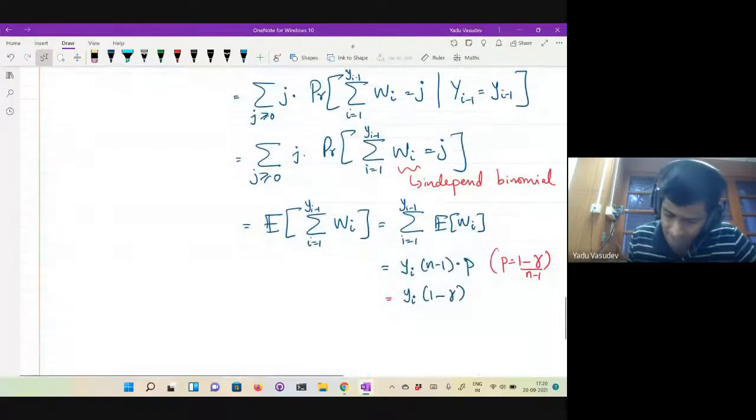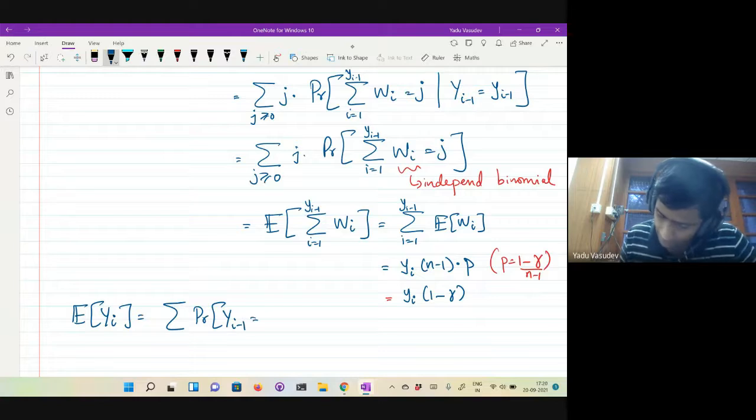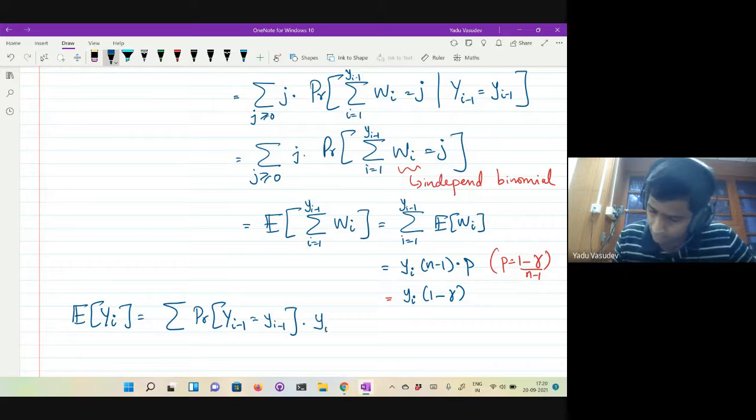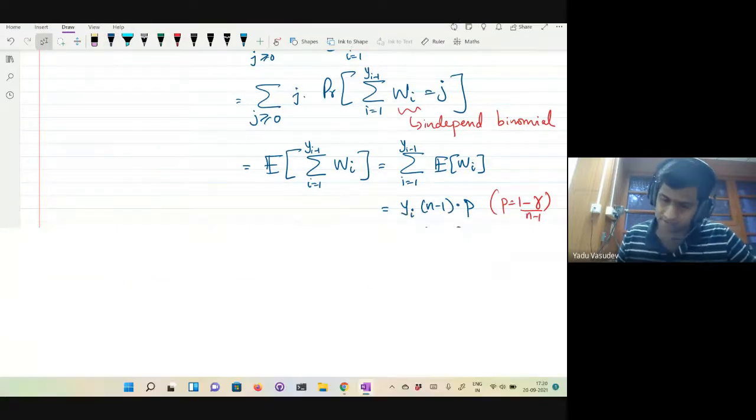So you can write the expectation of Y_i as the summation of the probability that in the (i minus 1)th level you have small y_{i-1} nodes, times y_{i-1} times 1 minus gamma.